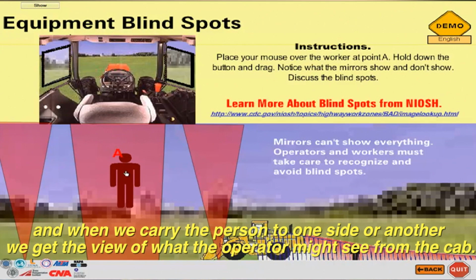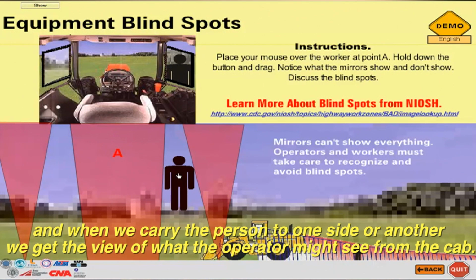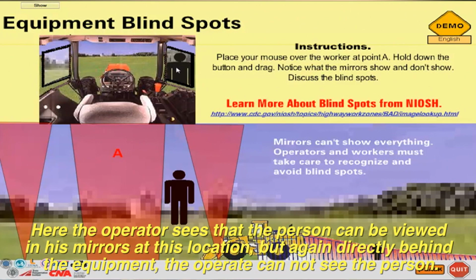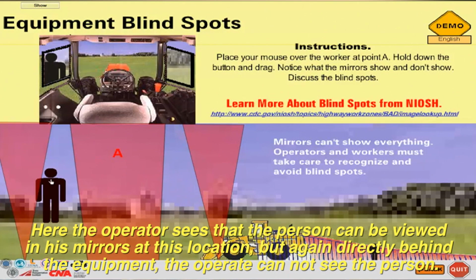And when we carry the person to one side or another, we get a view of what the operator might see from the cab. And here, the operator sees that the person can be viewed in his mirrors at this location, but again, directly behind the equipment, the operator cannot see the person.